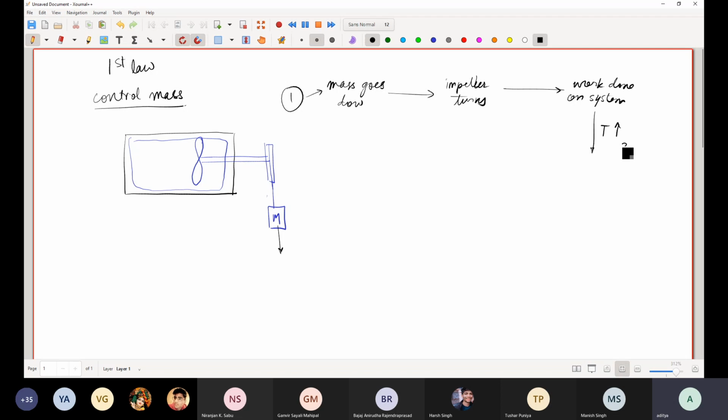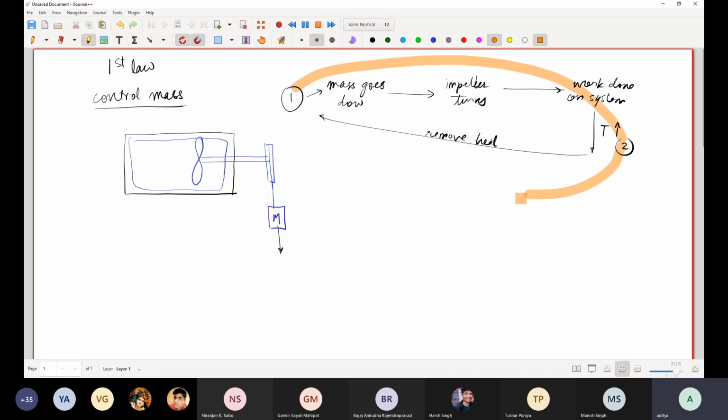So state 2 is at the same specific volume but slightly higher temperature. So then you remove heat to go back to state 1. Okay, so in going from state 1 to 2 and from 2 to 1, you have thus done a cyclic process.